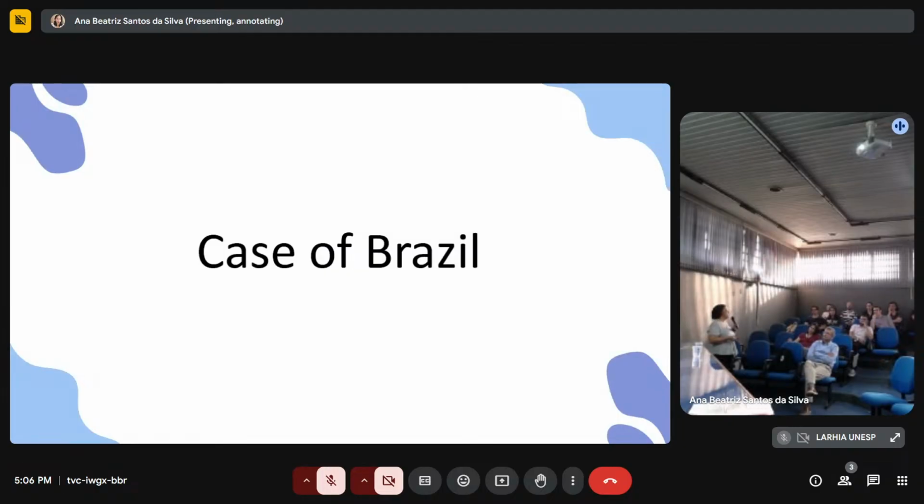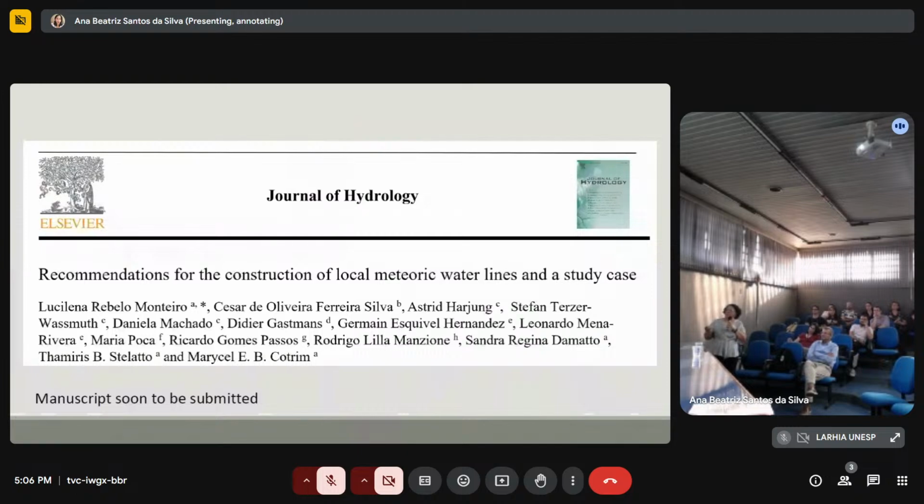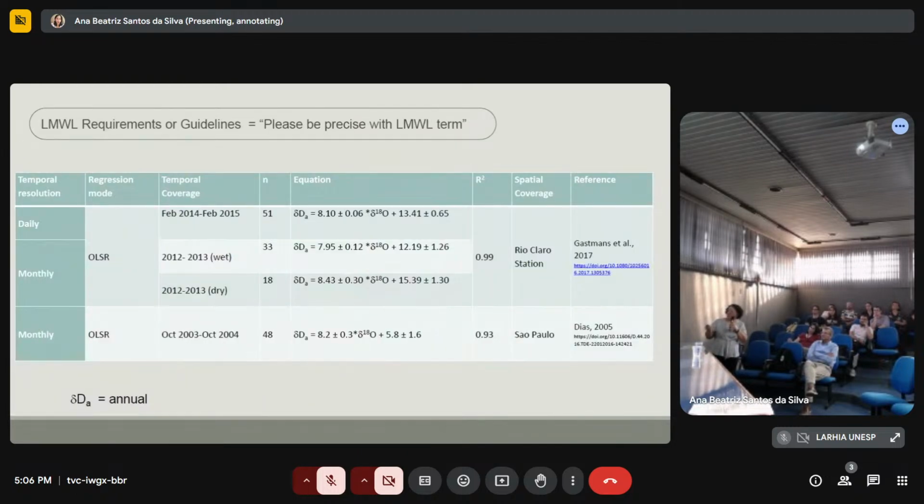And what about Brazil? What do we have here? So I was able to find a couple of studies from Professor Didier and this reference here from GIAS that properly assessed the regression line, but as far as I noticed, it was only 1 year of coverage.